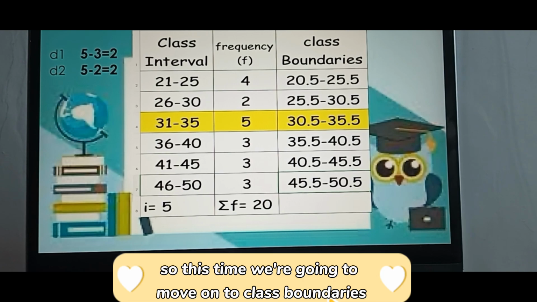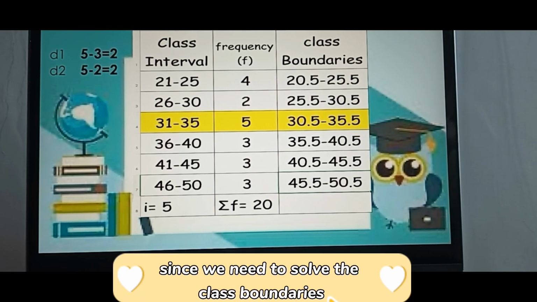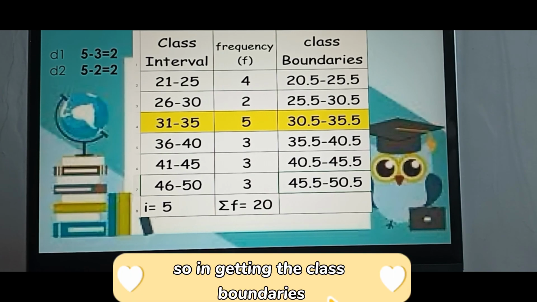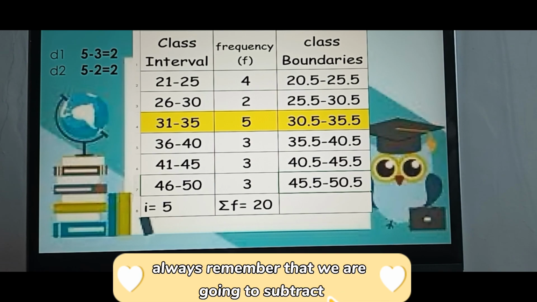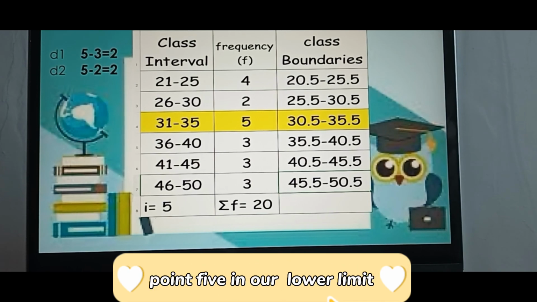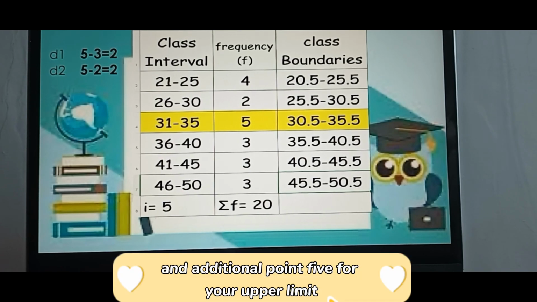So this time we're going to move on to class boundaries, since we need to solve for them. In getting the class boundaries, always remember that we subtract 0.5 from the lower limit and add 0.5 to the upper limit.